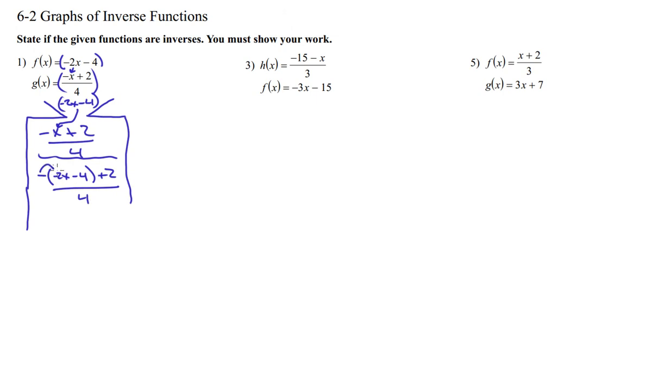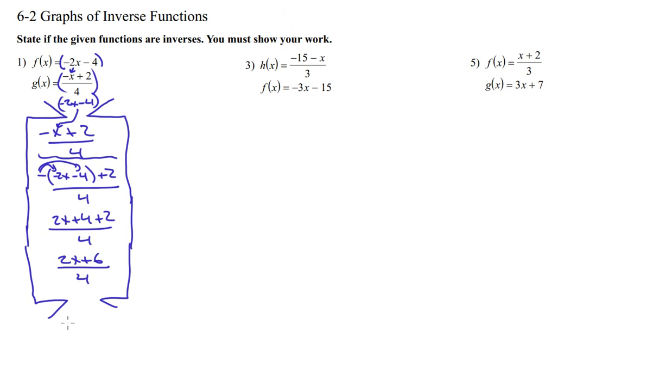So distribute this negative to both parts here, which basically turns those both into positive, so we get 2x plus 4 plus 2 all over 4, right? So 2x plus 4 plus 2 is 2x plus 6 over 4, and what comes out of that is not x.